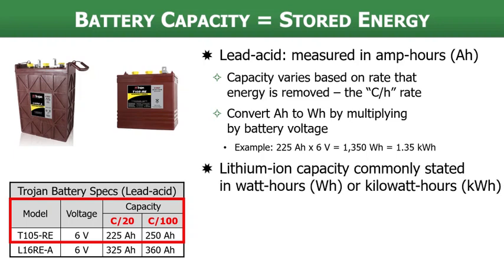With lithium-ion batteries, because their capacity doesn't vary as much with the discharge rate, they're commonly rated in watt hours or kilowatt hours. Lithium-ion battery voltage doesn't vary much depending on how fast the battery is discharged, so I'm going to get approximately the same amount of energy out of the battery whether it's being discharged at a fast rate or a slow rate.